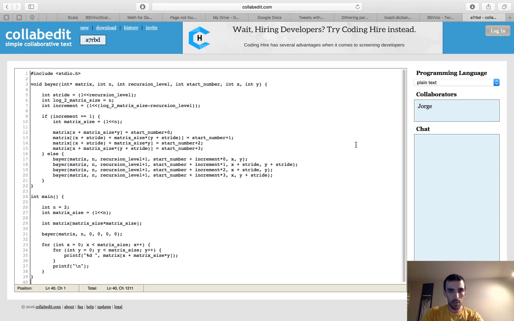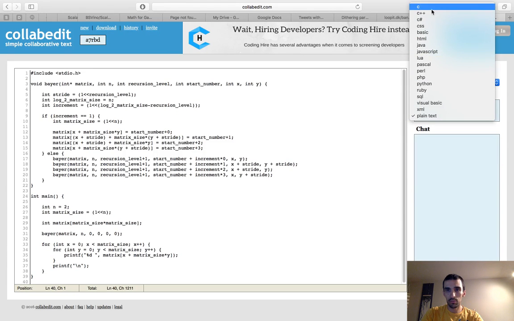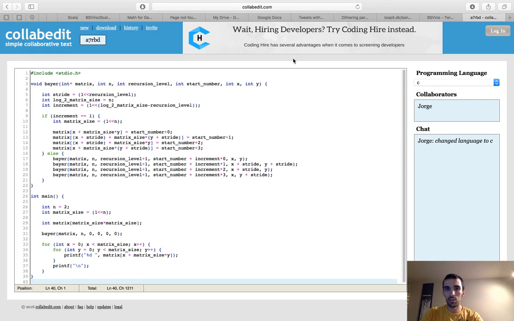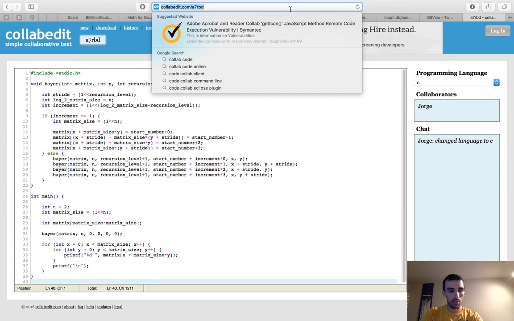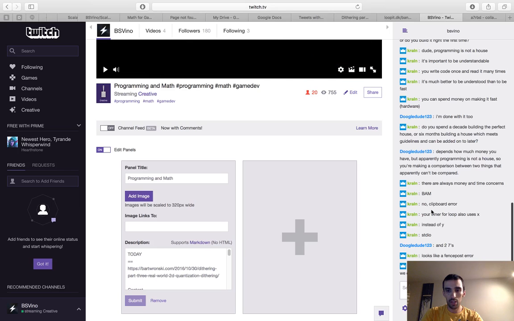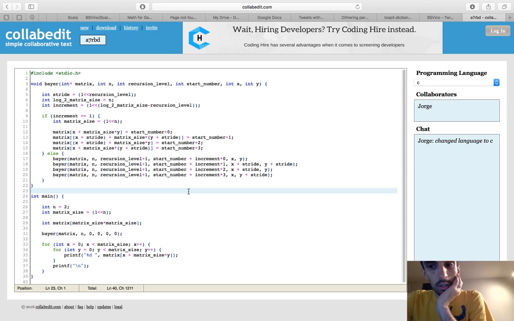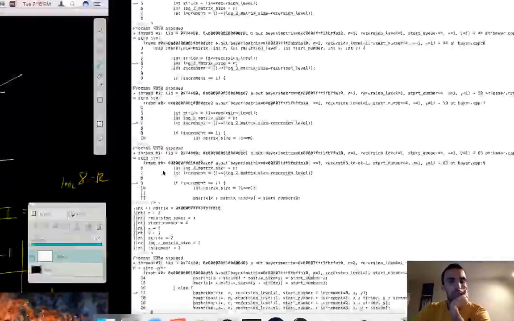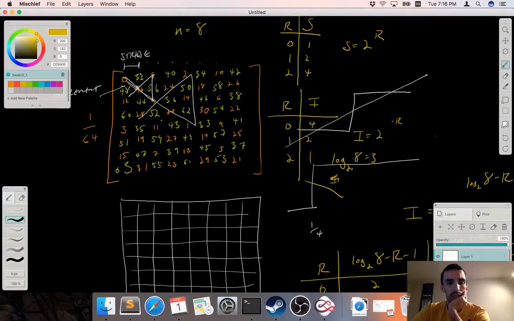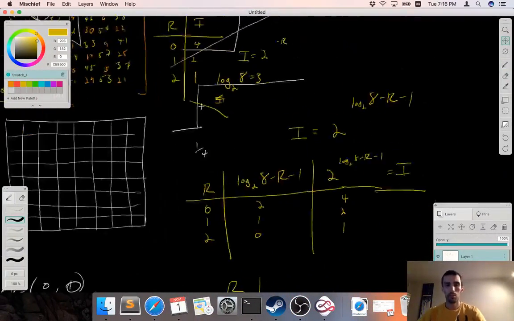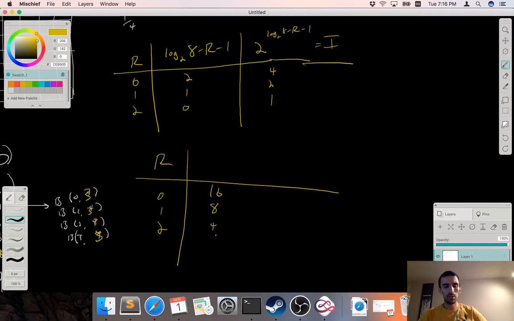Can it compile? I wonder if there's one where you can collab and compile at the same time. So let's see if I can paste this into chat. It's a pretty good idea. Okay, so I think when the increment is 4 is when I'm done with the recursion. That does make sense.